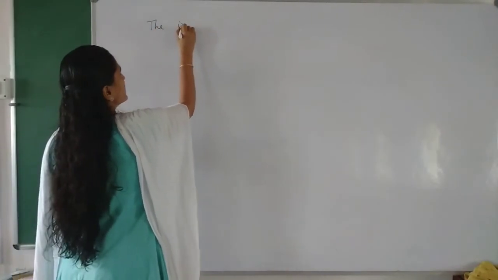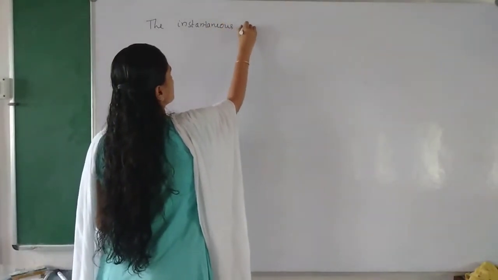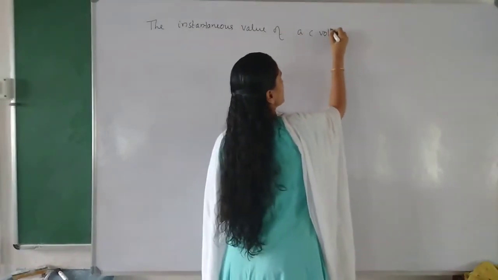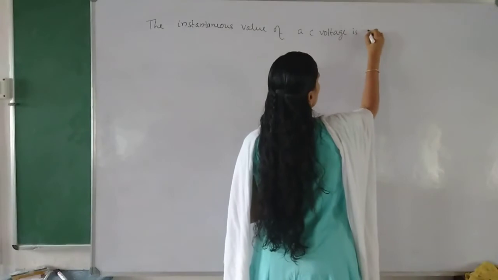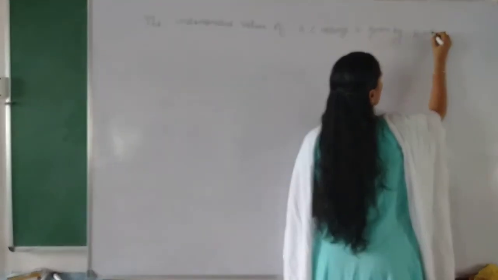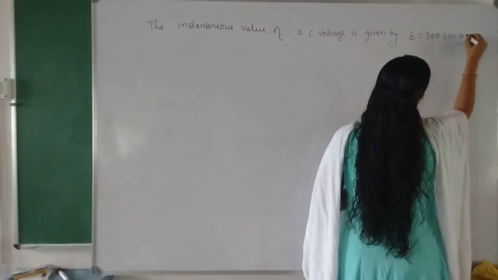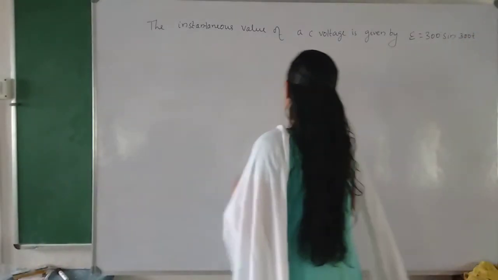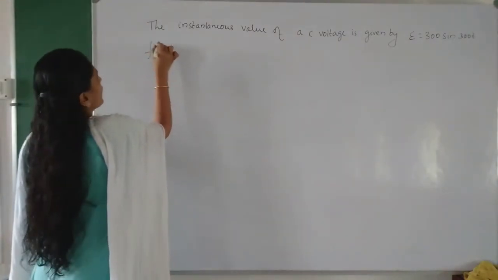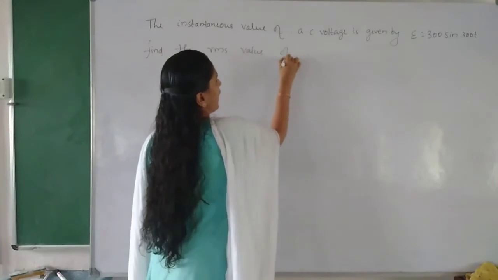The instantaneous value of AC voltage is given by E is equal to 300 sin 300 t.